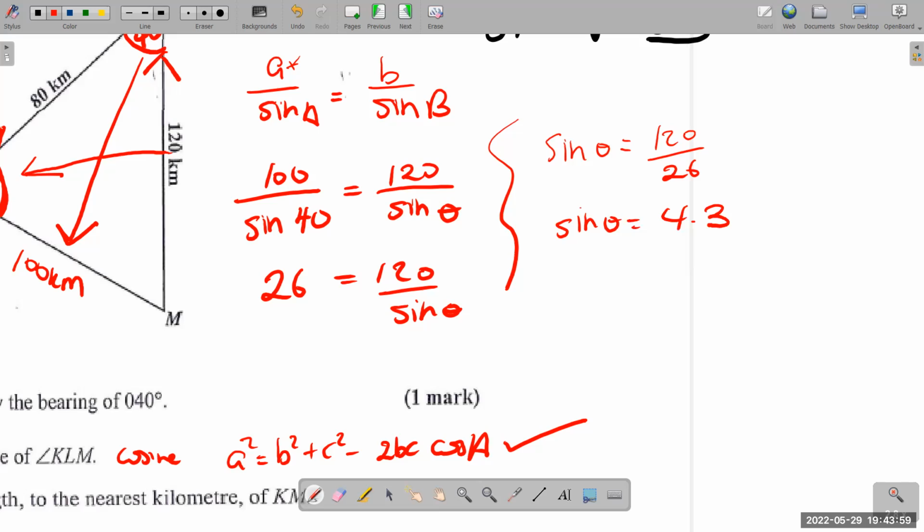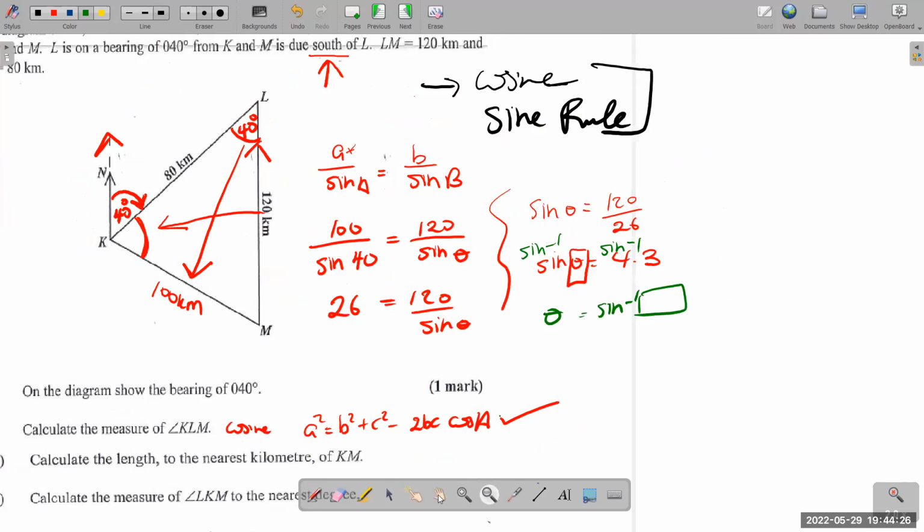Let's say 4.3. How do we find theta? Because it's the angle that they ask us for. What do we do when we want the angle? Sine inverse. Yep, so you sine inverse both sides. So theta is equal to sine inverse of the answer that you get. And guess what? We've been doing this all before.